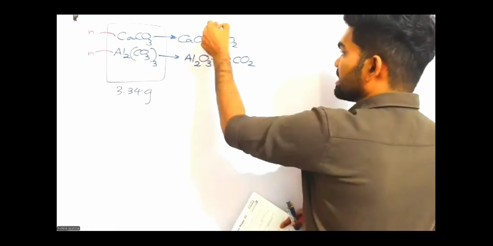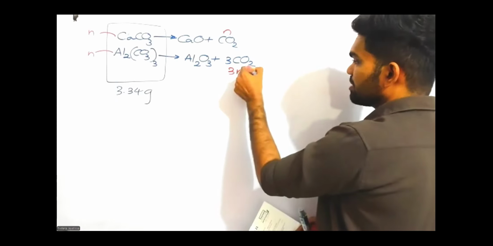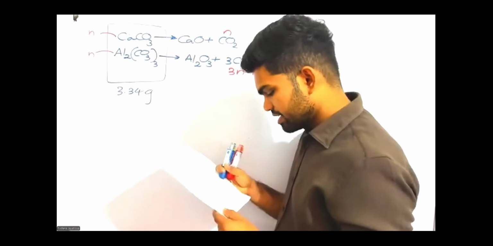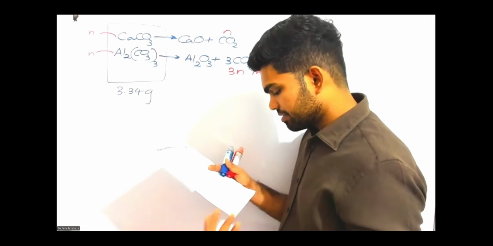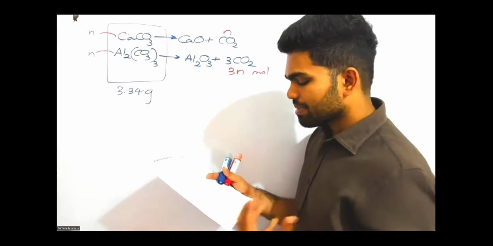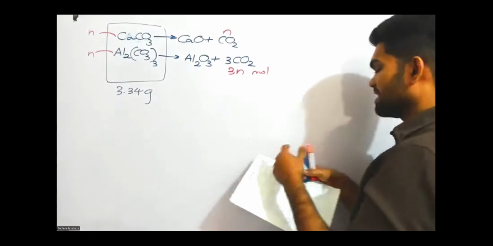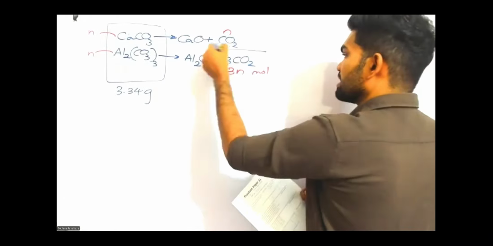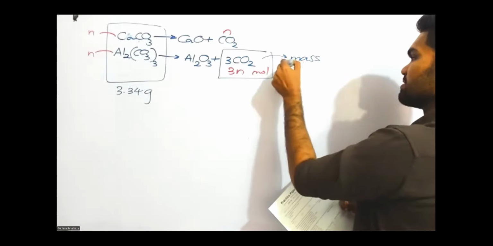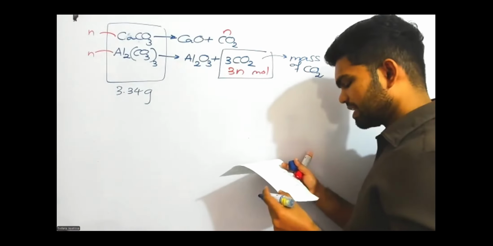That means you will get n moles of carbon dioxide from this one, then 3n moles of carbon dioxide from that one. That's the stoichiometric ratio. If the 3.34 grams of this sample is thermally decomposed, how much carbon dioxide will be given? It's asking for the CO2 mass from aluminum carbonate, not the total CO2 mass. That's where you went wrong. Be careful.